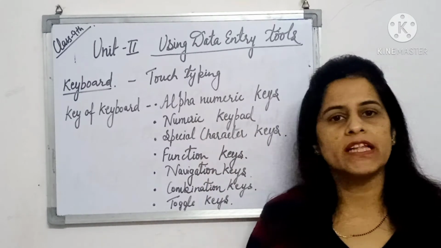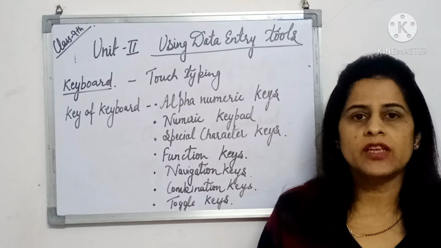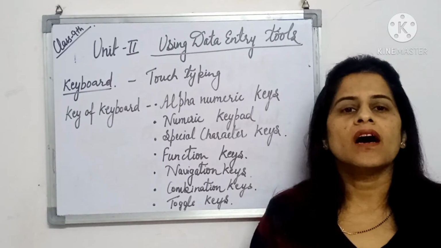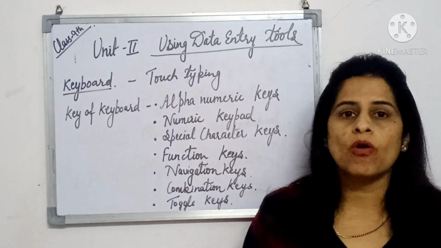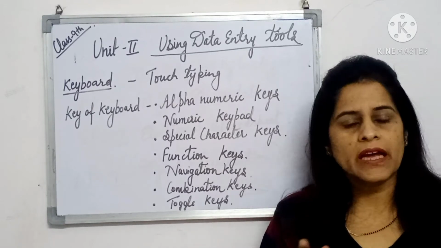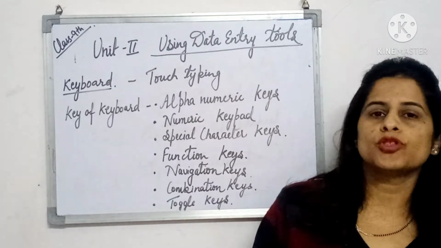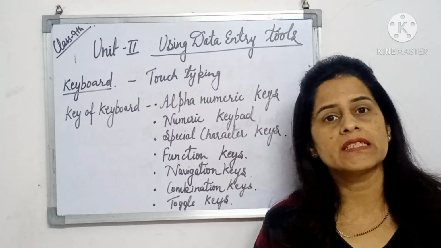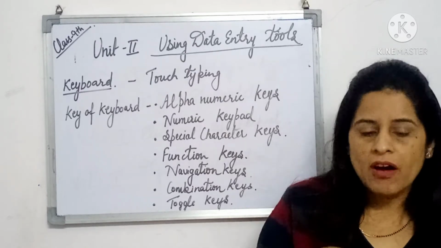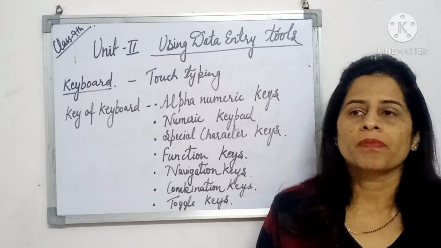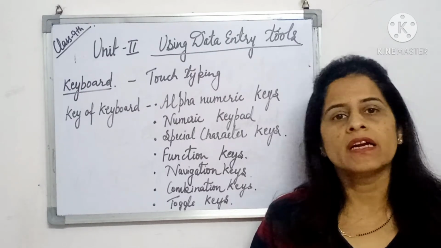But these are not in proper sequence, not in continuation like A, B, C, D. Different keys are placed at different places, because when you learn typing, it will be very easy to put your hands on the keys, and it will be easy to know which keys are where and how you can press each key with which fingers. So that is according to your typing style.